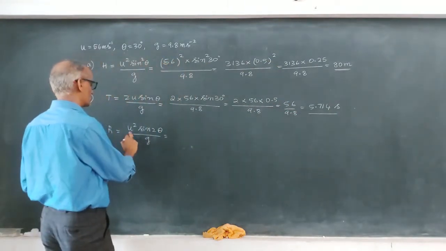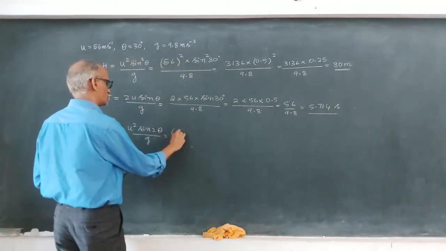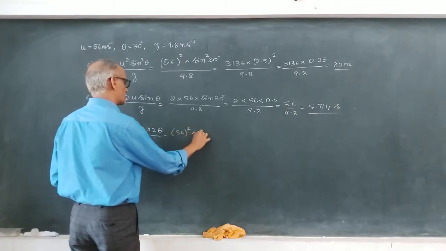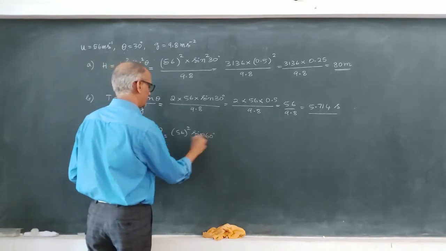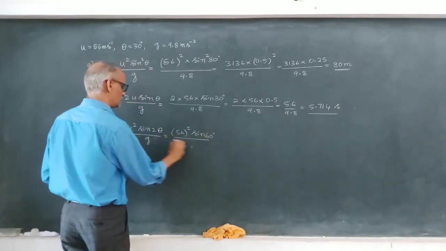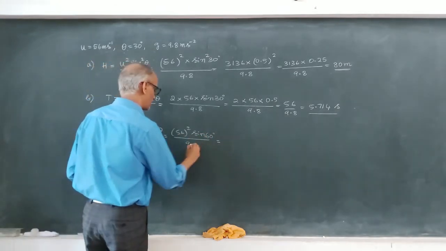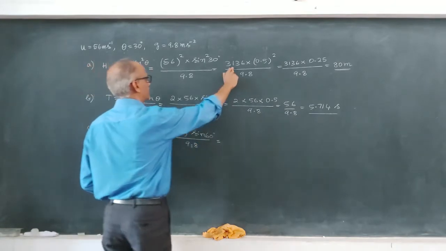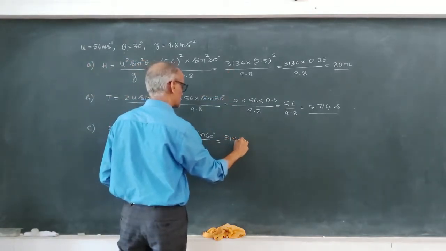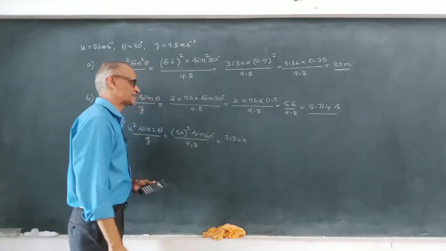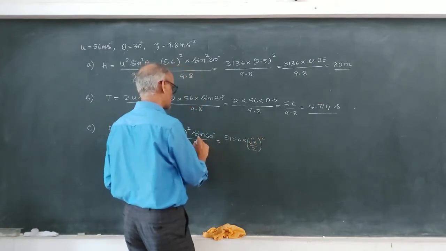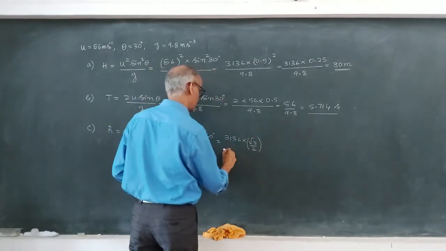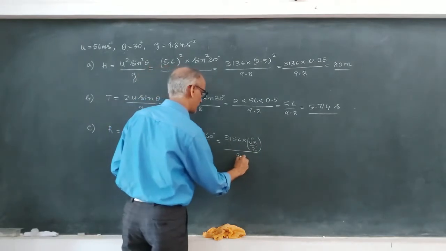Next, R is equal to u square sine 2 theta by g. So 56 square into sine of theta, 30 into 2, is sine 60 degree, divided by g, which is 9.8. Now 56 square is already calculated here, which is 3136, into sine 60, which is nothing but root 3 by 2. That is a standard angle, right? Sine 60 is root 3 by 2, divided by 9.8.